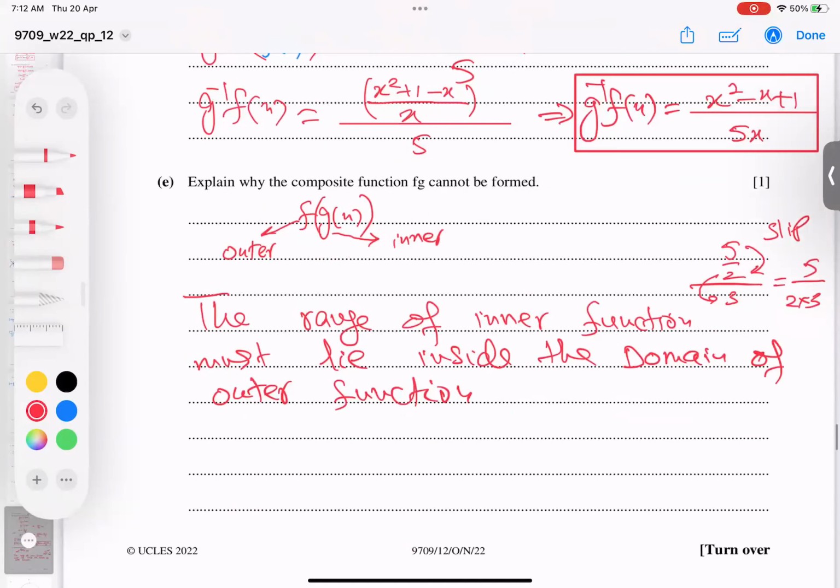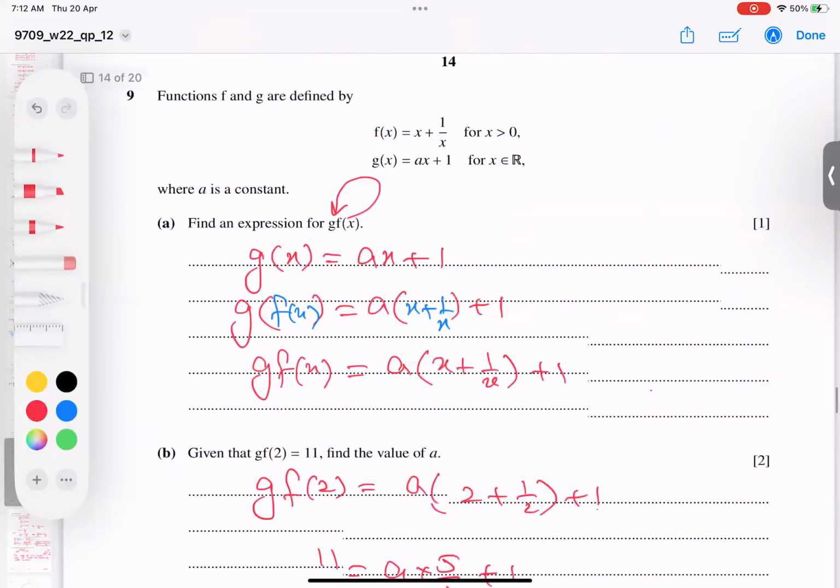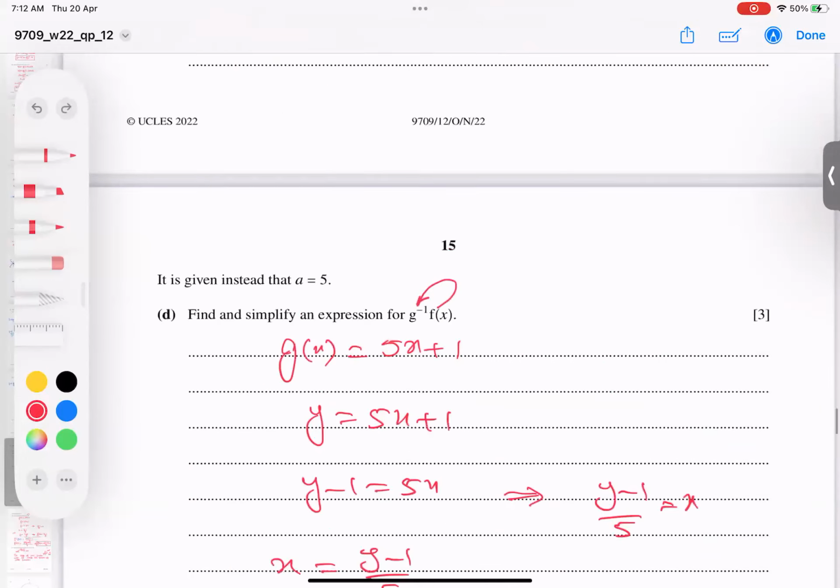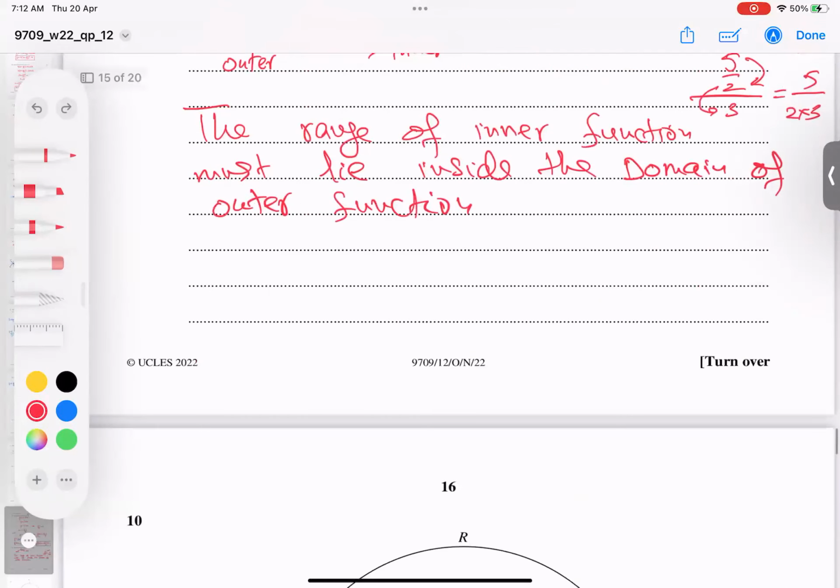For example, what is the domain of g of x? Let's see on the top. g: x belongs to real numbers. So the domain is real numbers. I'm writing here, domain of g is x belongs to real numbers.